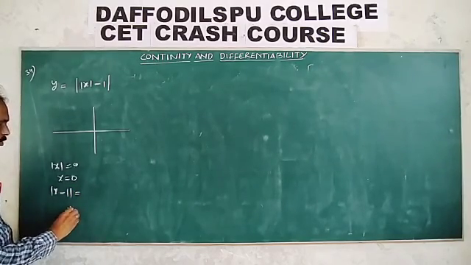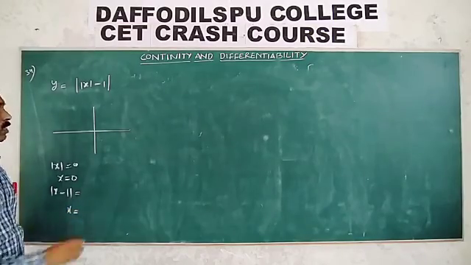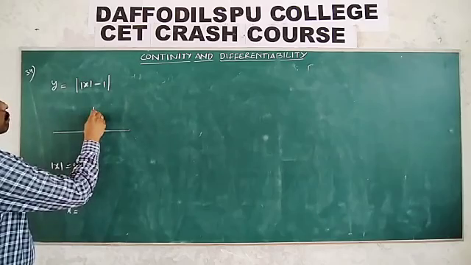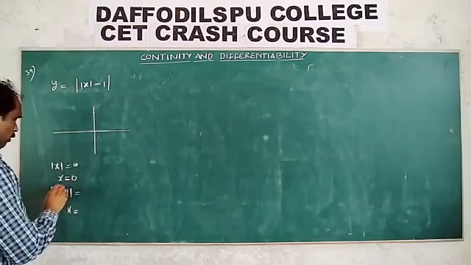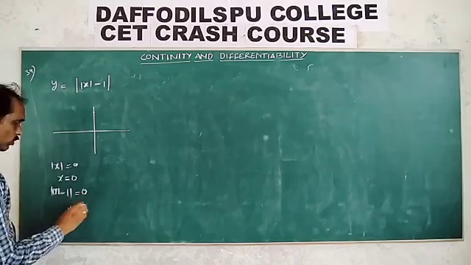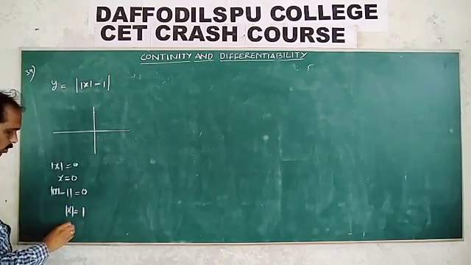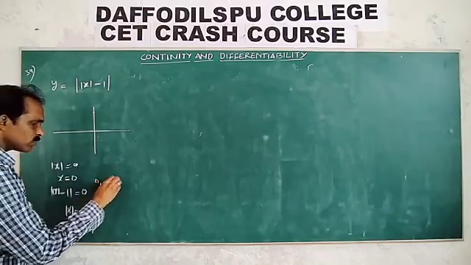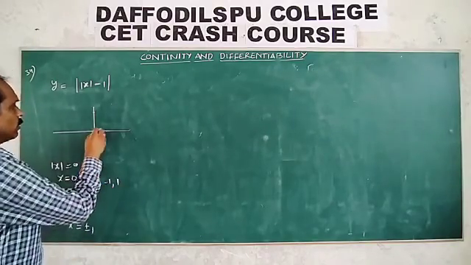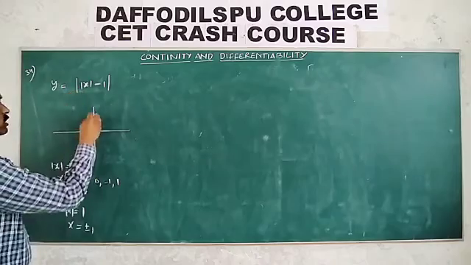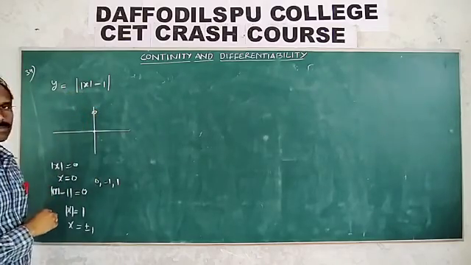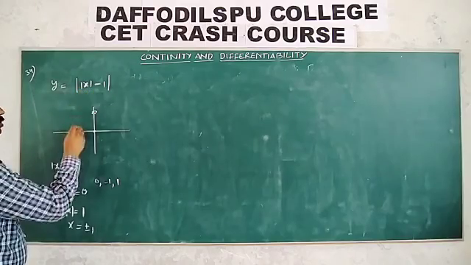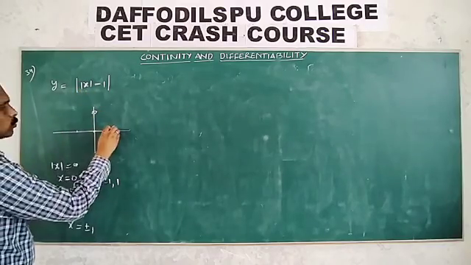The x value is equal to plus or minus 1. So totally 0, minus 1, 1 we will check out. At 0, put 0, what is the value? 1. At minus 1, what is the answer? 1 minus 1, 0. At 1, this value is 0.